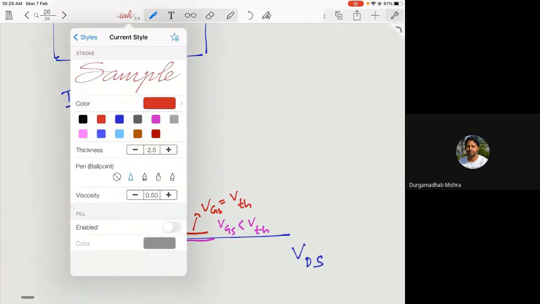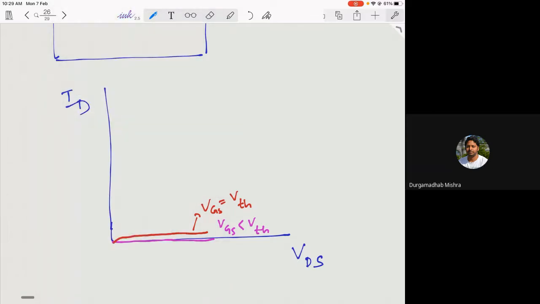Now if I increase VGS, the gate voltage, further beyond VTH, I will have something like this. If I increase the gate voltage further, it will look like this.